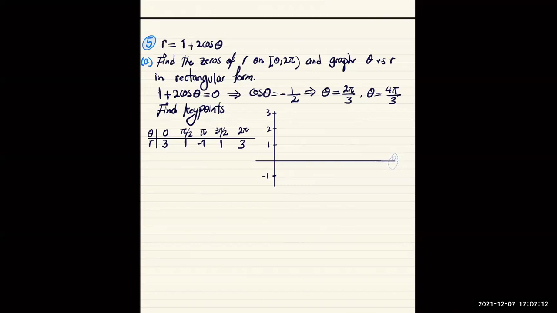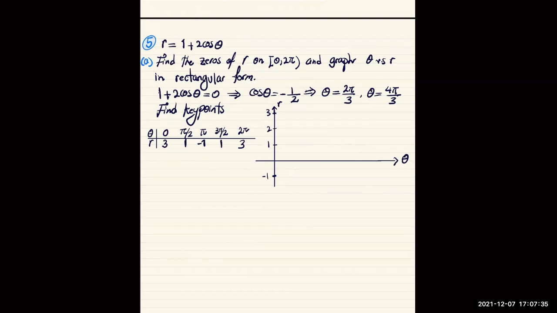We're graphing the rectangular version of this thing. So this is theta, think of that as the x-axis, and this is the r-axis. We're not doing angles and distances. We're just drawing the cosine wave. Keep that in mind.